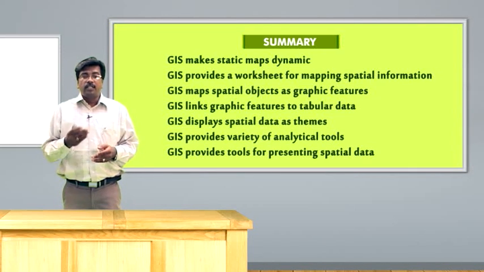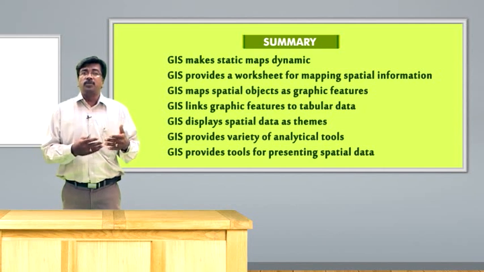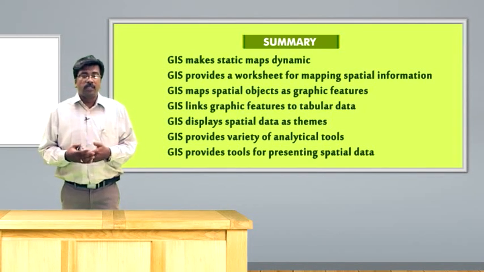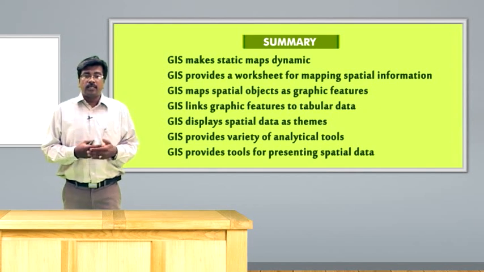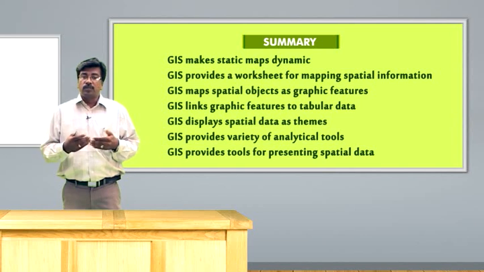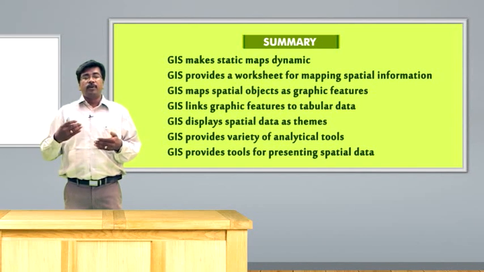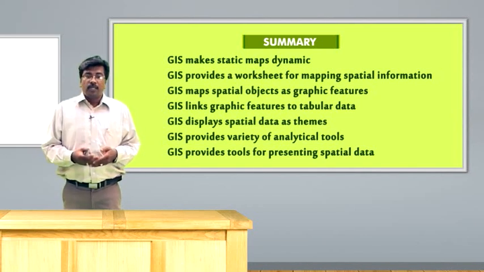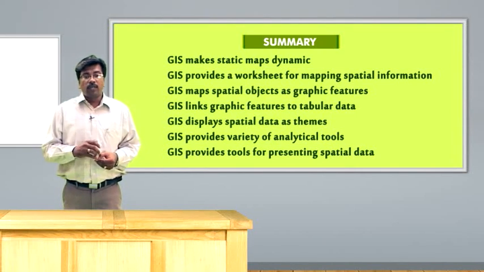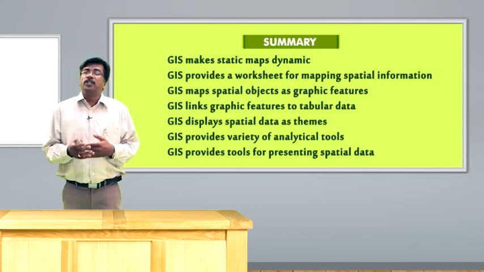Then GIS can display spatial data as themes, say separate themes of soil, crops, land use; all this is possible with GIS. Then GIS provides a variety of analytical tools that you can use to get information out of the maps. Then GIS can serve as a tool for presenting spatial data.